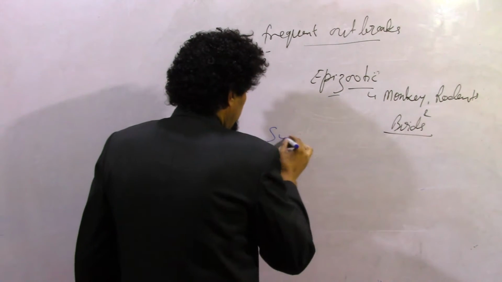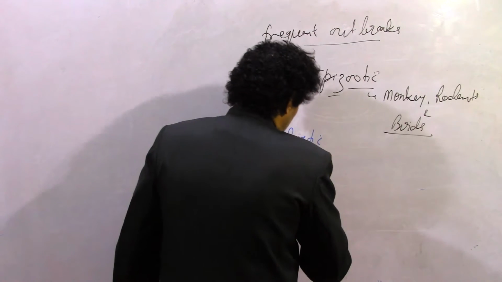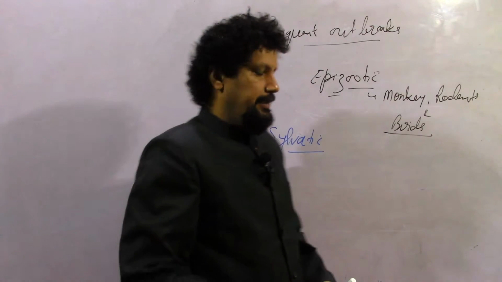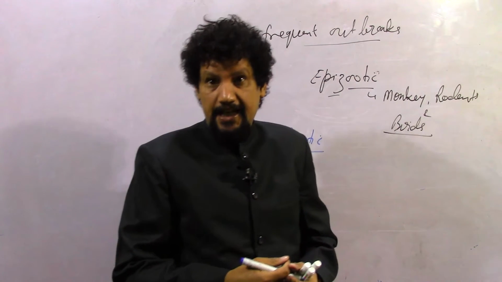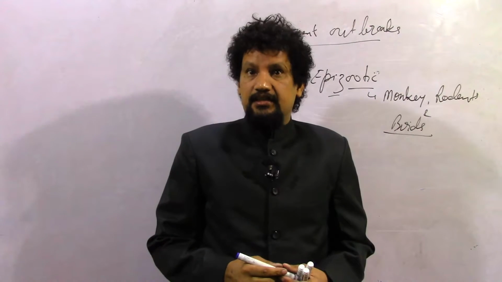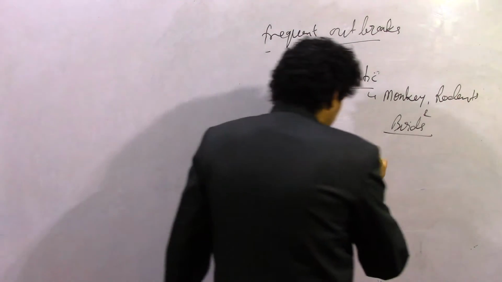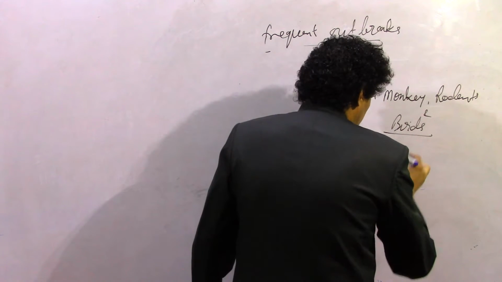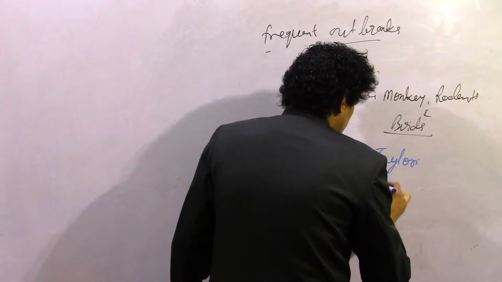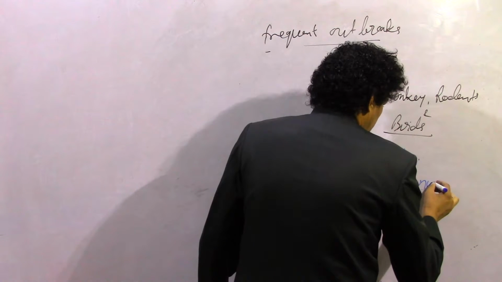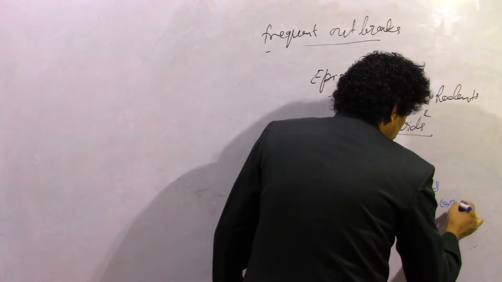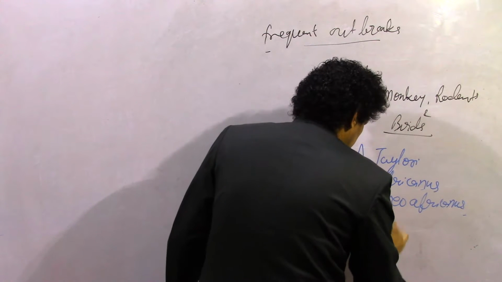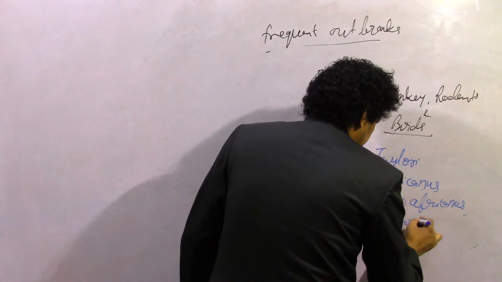In the sylvatic cycle, the virus is maintained by monkeys, rodents, birds, and non-human primates, or I can say the wild primates in Africa, and by wild Aedes mosquitoes, like Aedes taylori, Aedes africanus, Aedes neoafricanus, Aedes furcifer.